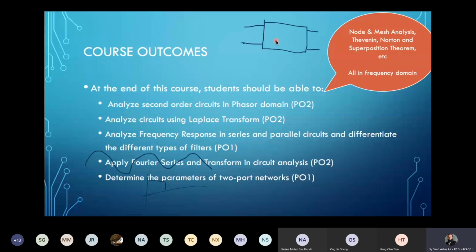I'm sure many of you will be getting shivers by hearing the word convolution. Flipping and sliding and all this is very messy in time domain.